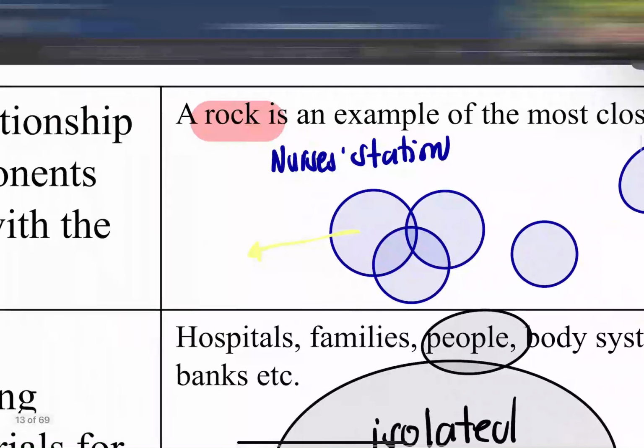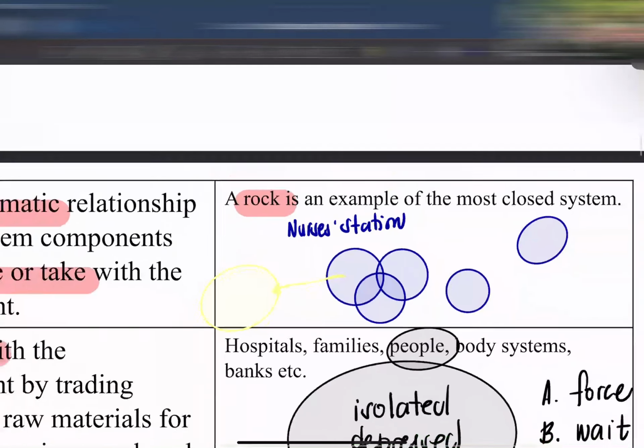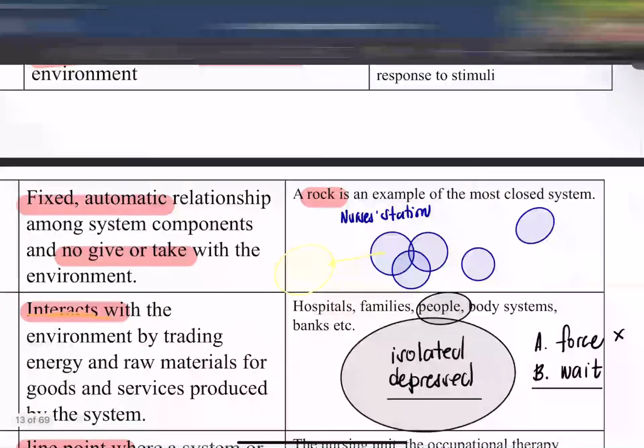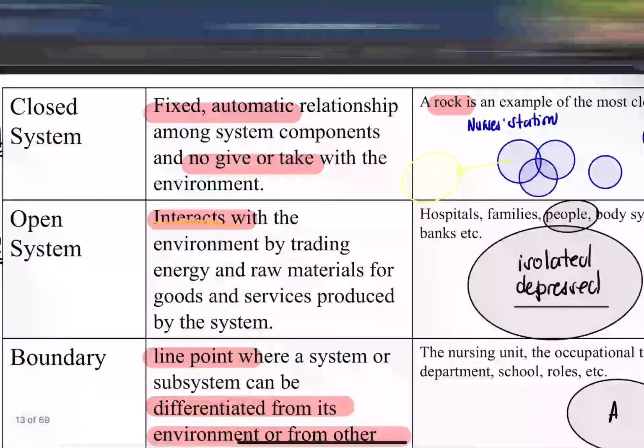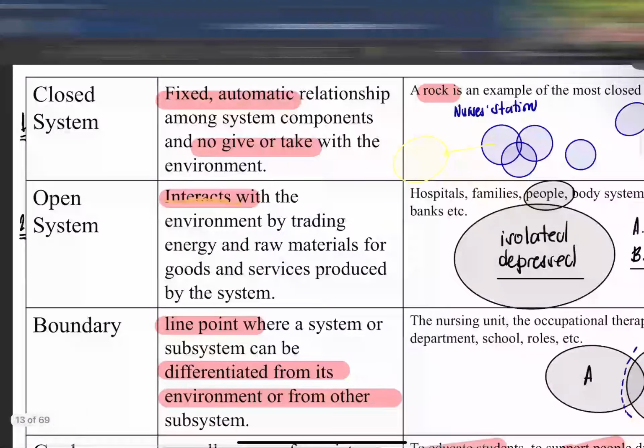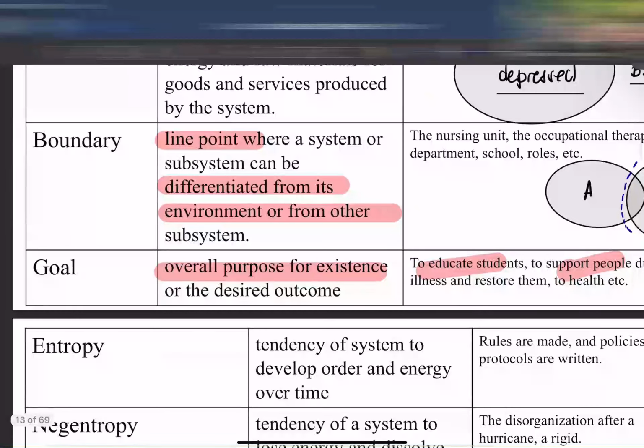Kasi class, si staff nurse mo, marami din pinagdadaanan sa buhay. So, pwede siyang mother, pwede siyang nurse at the same time, pwede ding clinical instructor siya at the same time.